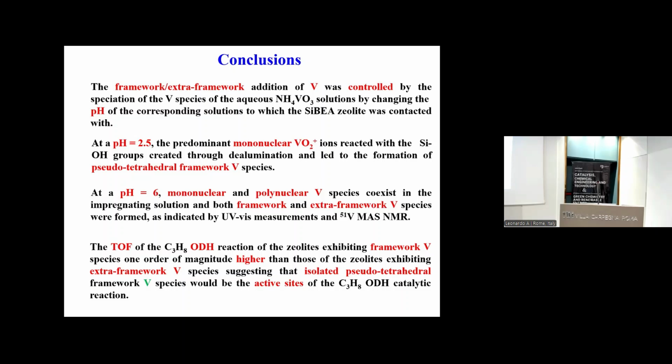At pH 2.5, we can see that predominant is mononuclear vanadium VO2+ species, and this species is much more active in the oxidative dehydrogenation of propane than the polynuclear vanadium species mainly formed at pH 6.